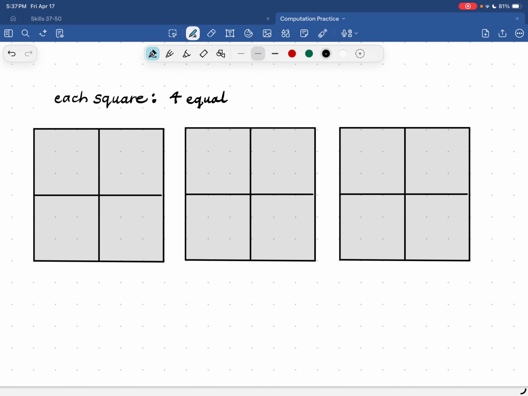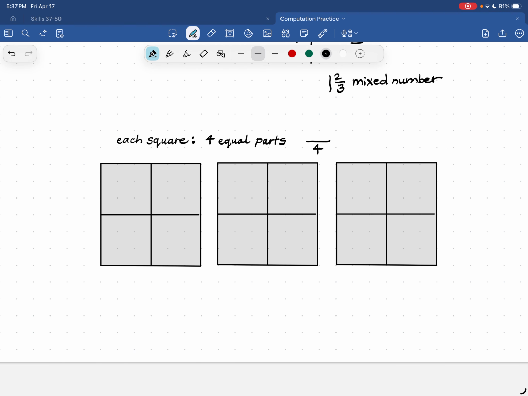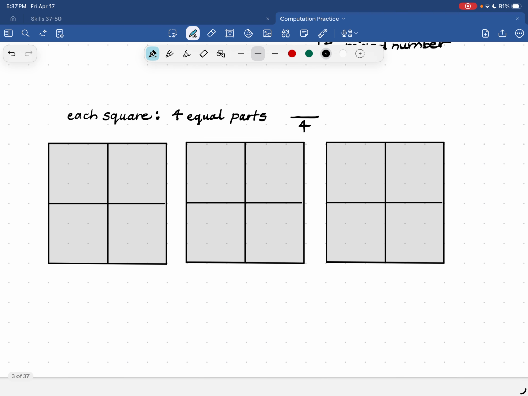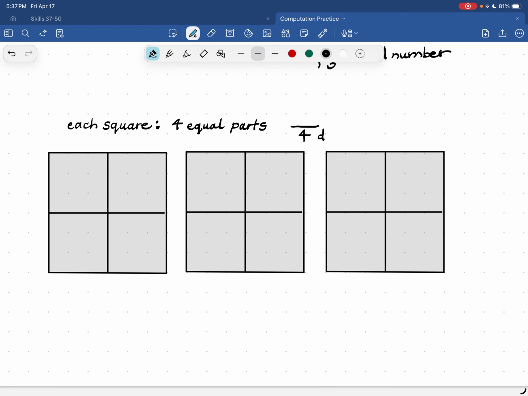That will be your denominator. So any fraction we write must have a 4 on the bottom. Up here, we had a 3 on the bottom because there were 3 equal parts. But for these, our denominator would have to be a 4.